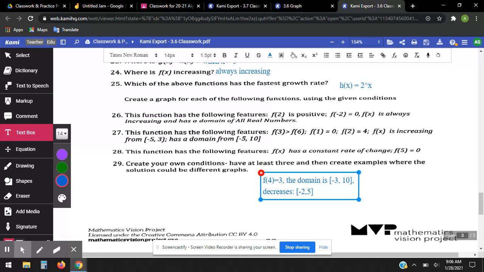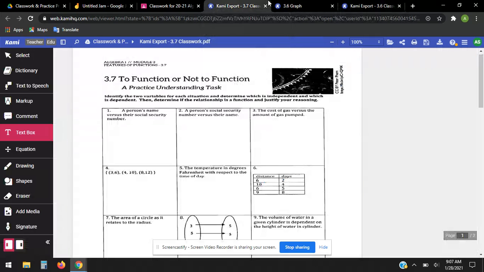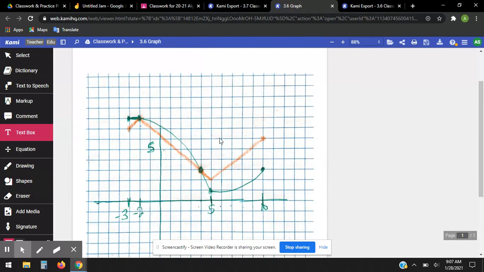So these are the criteria that I came up with, and I have 2 different examples of how that could look. So right here, I have f of 4 equals 3. So notice how both my orange and my green graph cross through f of 4, 3. And then my domain is from -3 to 10.